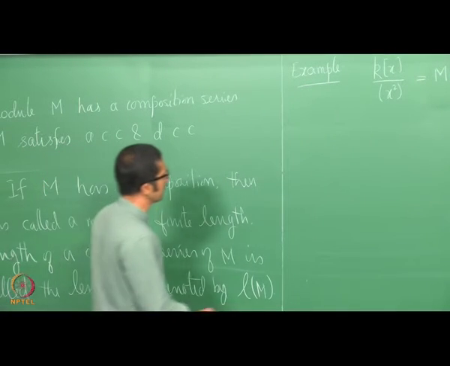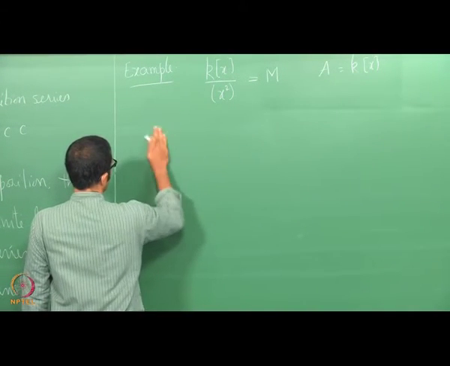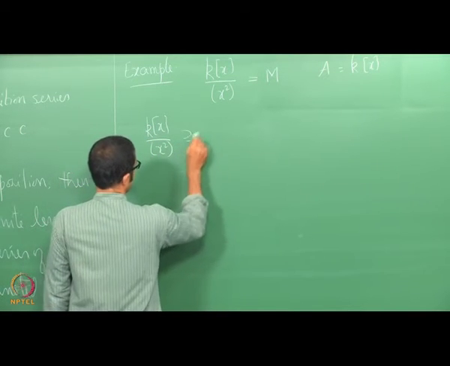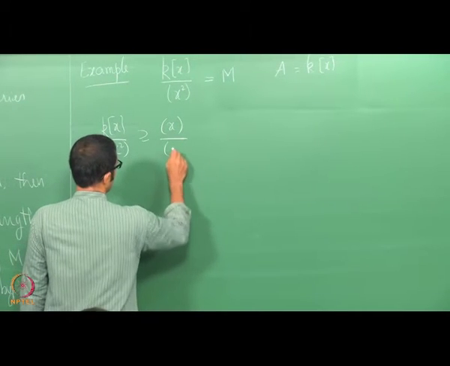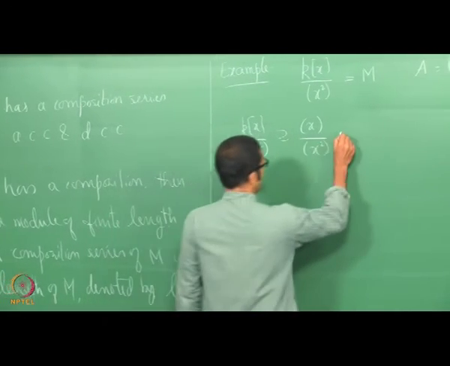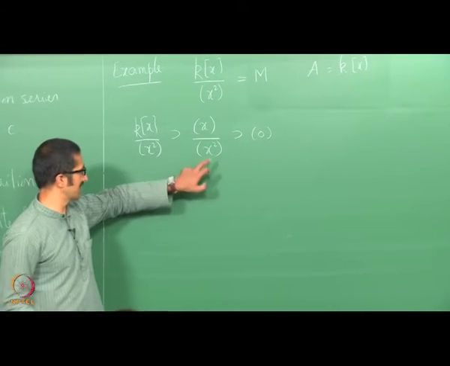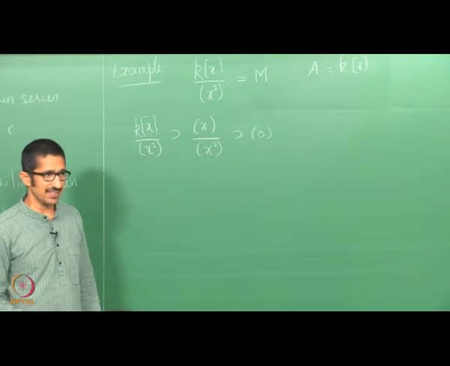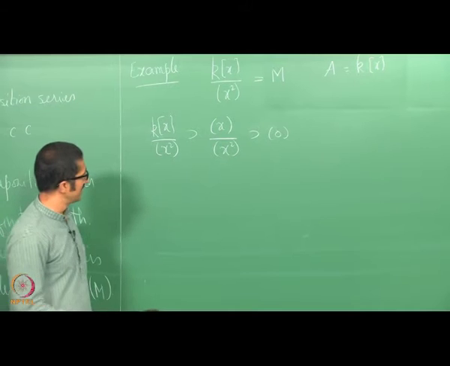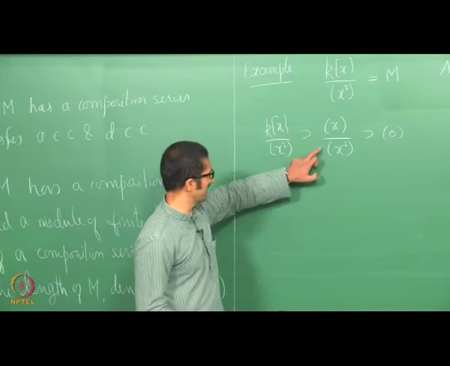Then you have M equal to kx mod x square, and the ideal generated by x mod x square contains 0. What is the ideal generated by x mod x square?